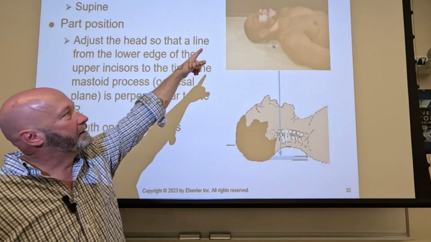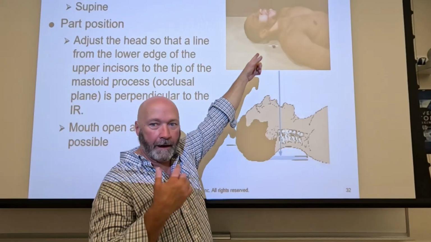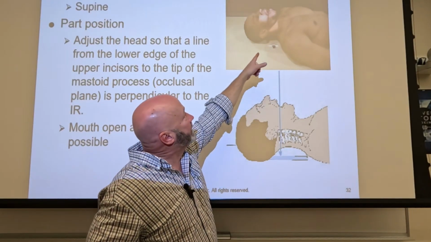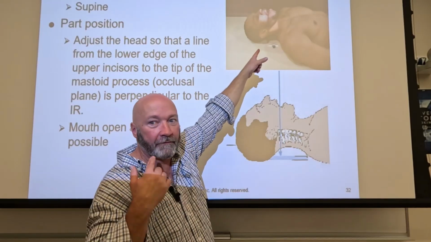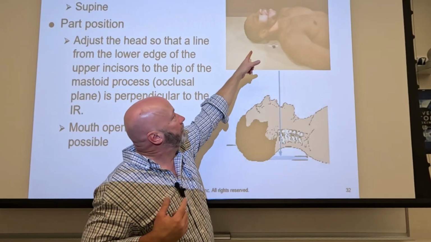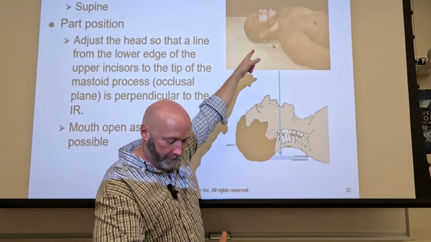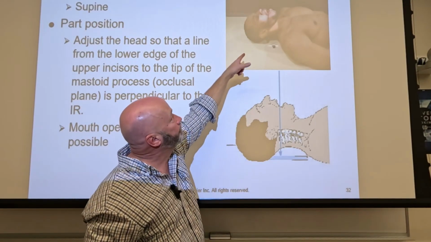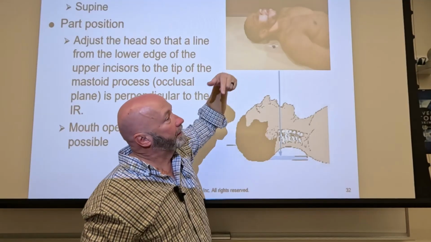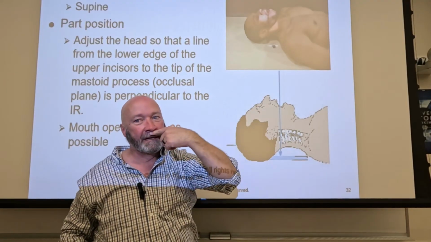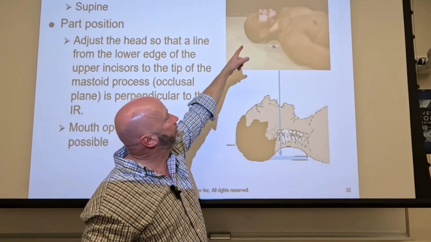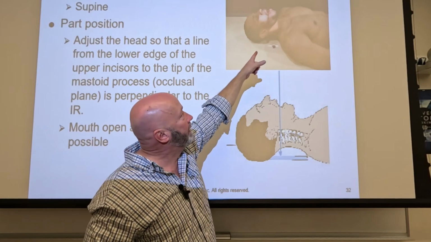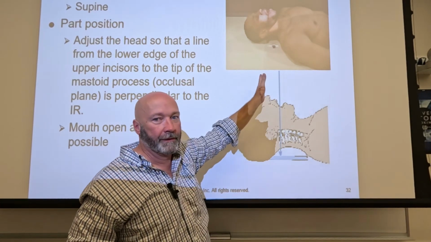And how we can do that is we can put our crosshairs directly on his acanthion and open up the collimation until you see that dark line of collimation that's coming down from the side of his mouth. Okay, so go ahead and line up to your image receptor. Move the patient until the crosshairs are right on his acanthion. Open that up until you can extend the patient's chin or flex the patient's neck to get the acanthomeatal line perpendicular.